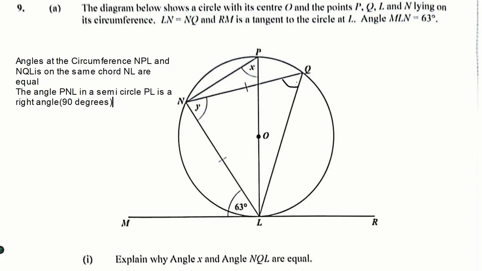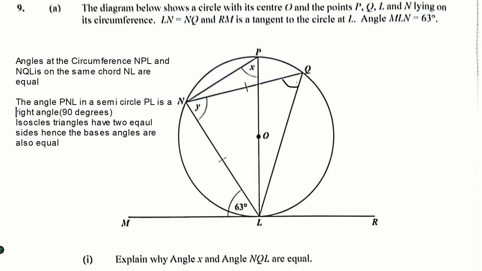We also know that isosceles triangles have two equal sides, hence the base angles are also equal.